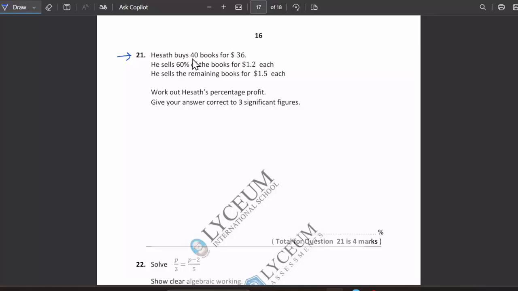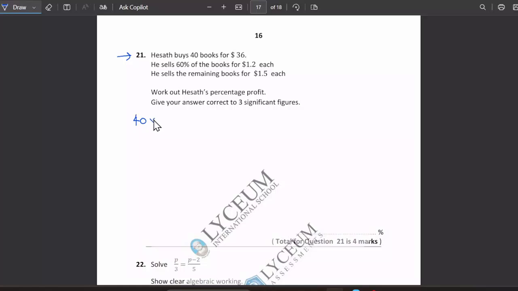He sells 60% of the books for 1.2 each. He sells the remaining books for 1.5 each. Work out Hesab's percentage profit. Okay, first we can find how many books there are in 60%.